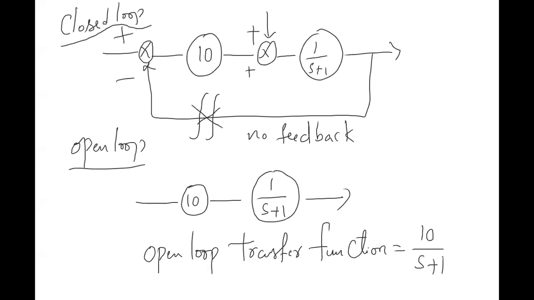So what is the open loop transfer function? 10 by s plus 1. Does everybody understand what is meant by open loop? This is called the open loop transfer function, 10 by s plus 1.